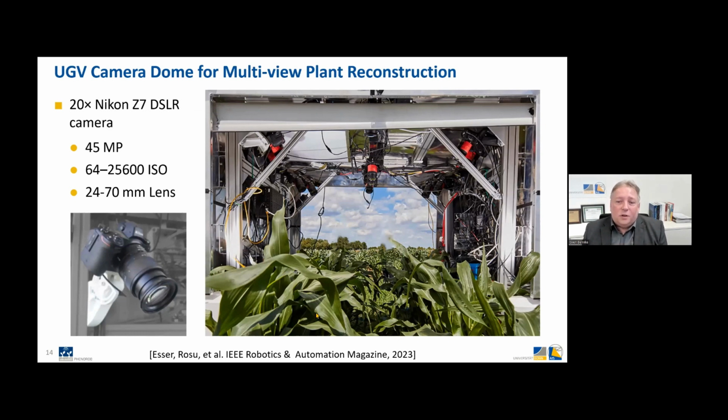But we now have not just, in this ground vehicle, 2 cameras. We have actually a camera dome with 20 high-resolution cameras, so that we can see a plant of interest from different viewpoints with high resolution at the same time.